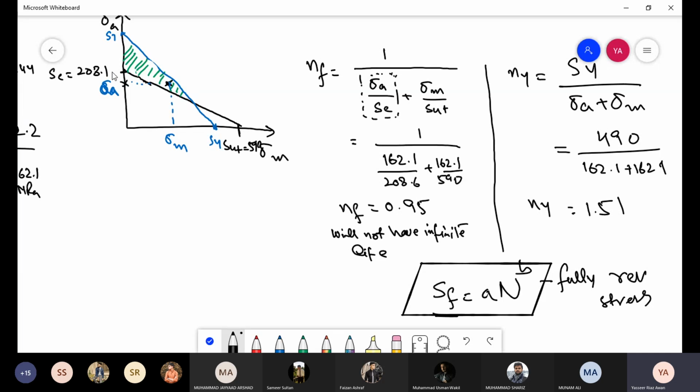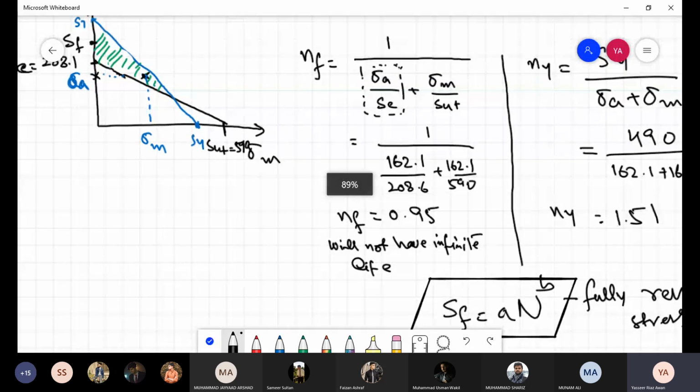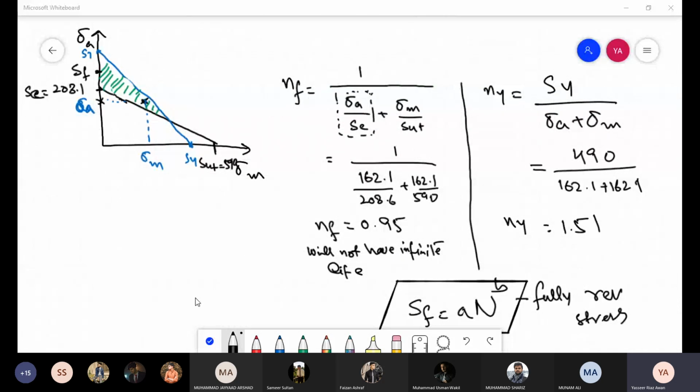Sigma A limit was SE, ठीक है। So SF from this diagram would obviously be somewhere in this region, ठीक। This is SF, ठीक है। How to find that fully reversible scenario that is the same for this combination of sigma A and sigma M? सोचें यार, तो मुश्किल बात नहीं। And we basically already talked about this in the last lecture.